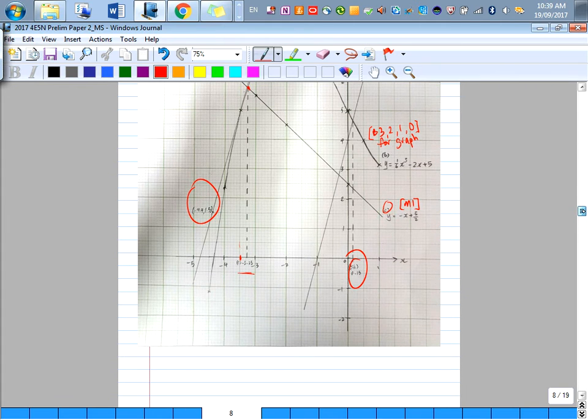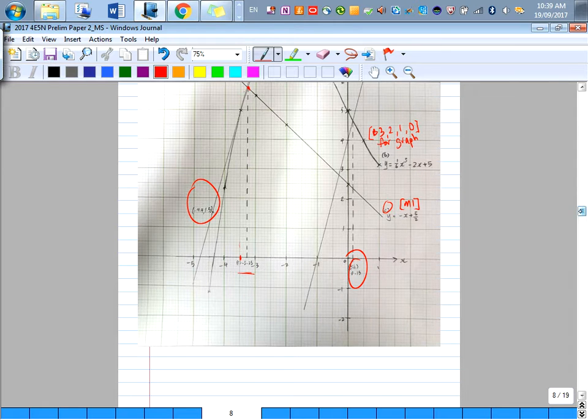In part 2, for the intersection between a line and a curve, we have a value of x. Mathematically speaking, we are solving simultaneous equations. When two graphs intersect, we are solving simultaneous equations. So what are the two graphs that are intersecting? We have our curve intersecting y equals 4x plus 4.